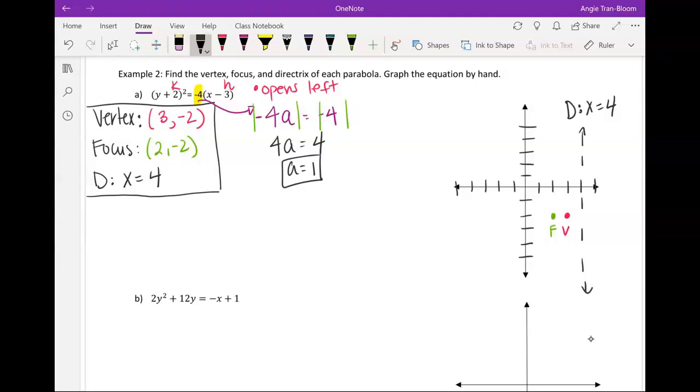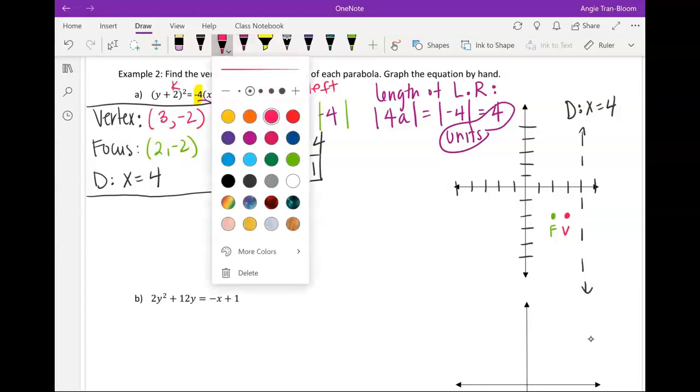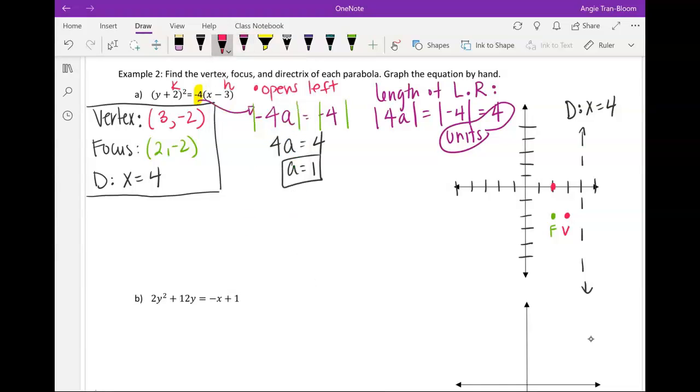If we know those three, we now need to find the total length of your latus rectum. The length is always the absolute value of 4a, and the absolute value of 4 is 4 units total. If I know it's 4 units total, I can go up 2 from the focus and down 2 from the focus to finish graphing by hand.